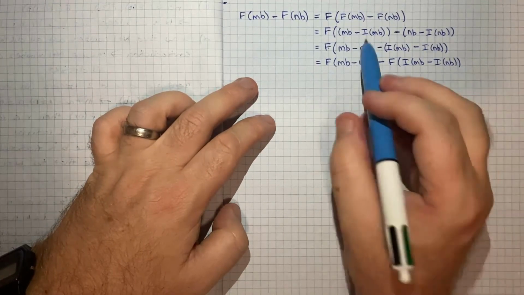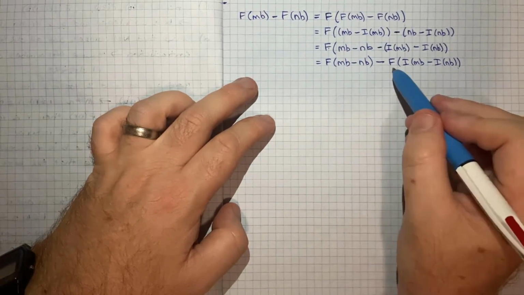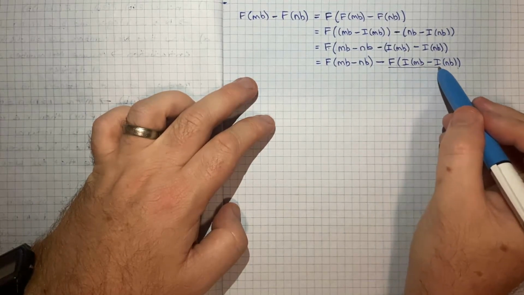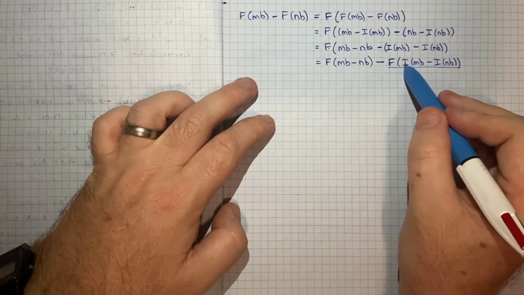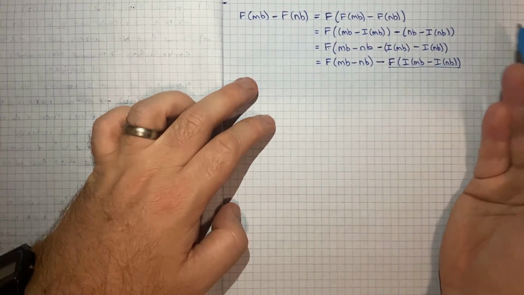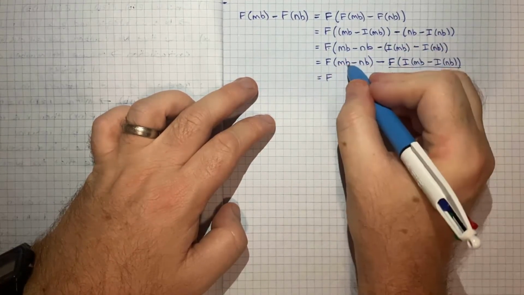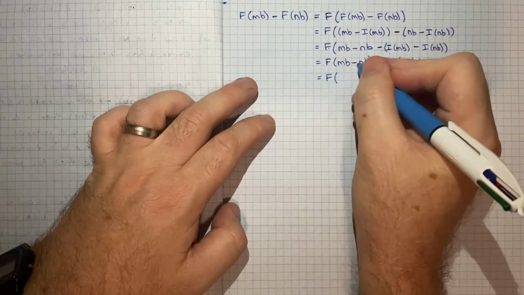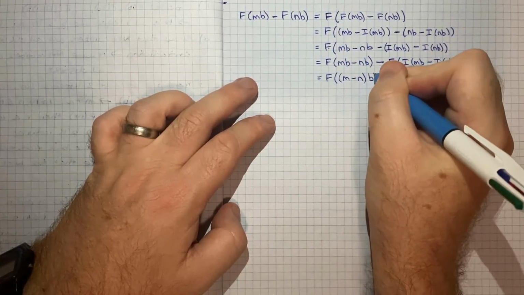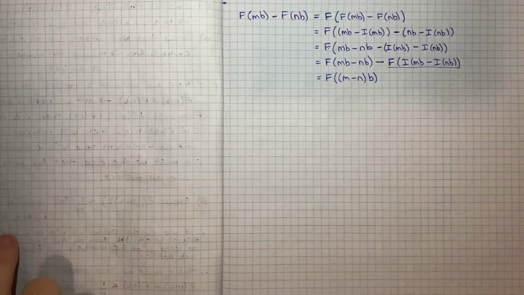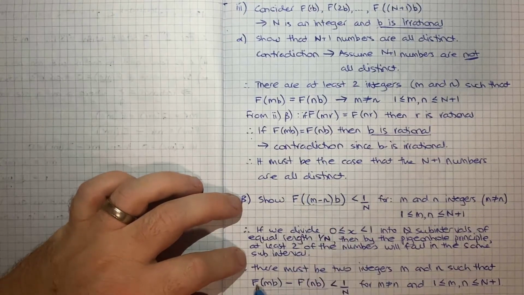So now that we've got the fractional part of this minus the fractional part of this, hopefully you can see this will simply be 0, because the fractional part of the difference between 2 integers, well, there will be no fractional part. So this just becomes the fractional part of mb minus nb, but I can then factorize and say (m minus n)b, and that actually is what we were working towards.